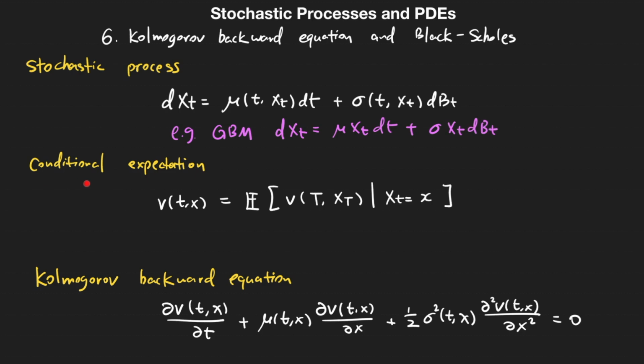So the quantity that we are interested in is a conditional expectation of the stochastic process. One way to think of this conditional expectation is that, let's say that we are starting at time t at position x. Then according to this stochastic differential equation, we can evolve this process into different paths.